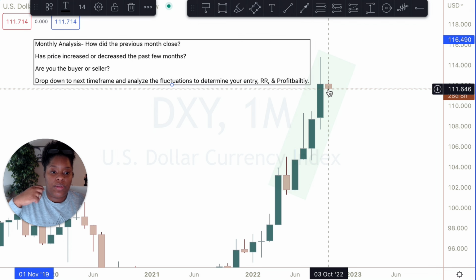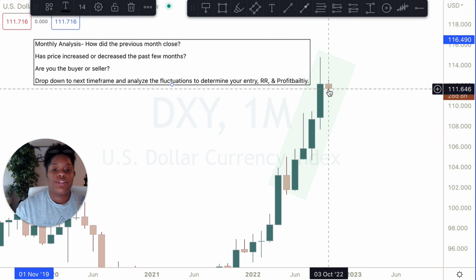So since I'm using the word increase, this lets me know that buyers have pushed this market up, or some type of fundamental catalyst or economic news or data or the events in the United States has pushed the dollar up. So I can say that this index is in an uptrend, which means I want to look for potential buying opportunities.